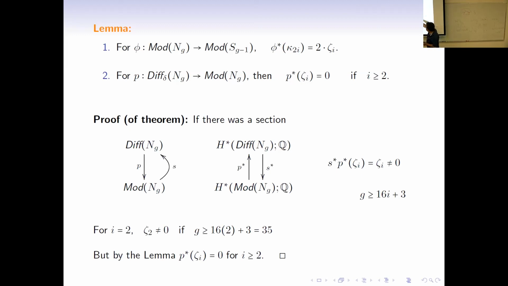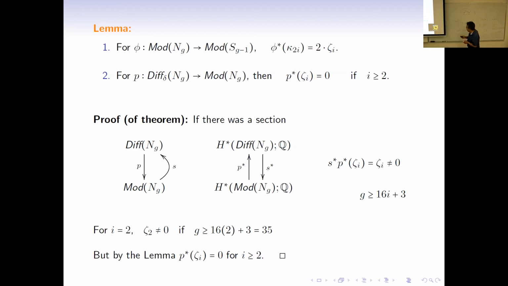If you had a section, then this composite would be the identity, right? In particular, the image of zeta_i would be non-zero if g is greater or equal than 16i plus 3. But for instance, if i is equal to 2, then zeta_2 is non-zero if the genus is at least 35, right? So you get a contradiction this way.